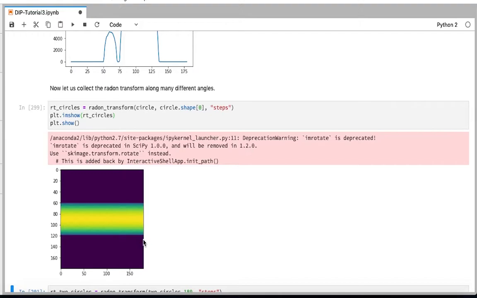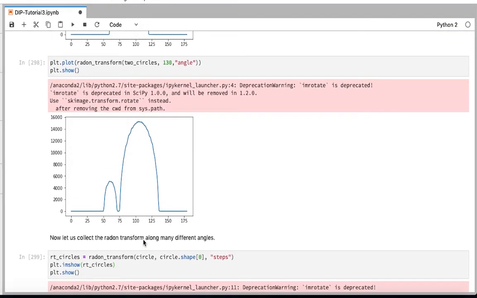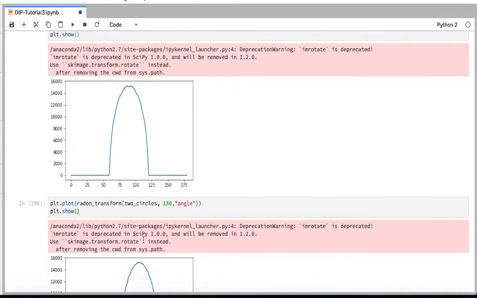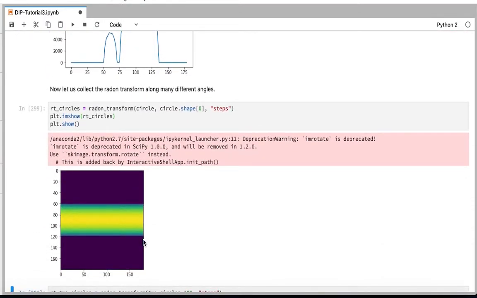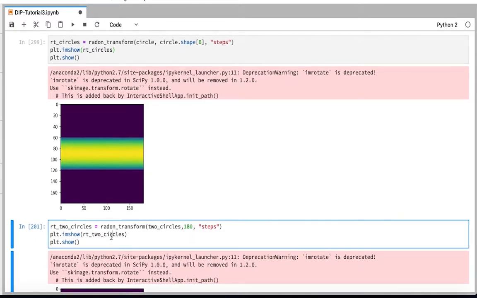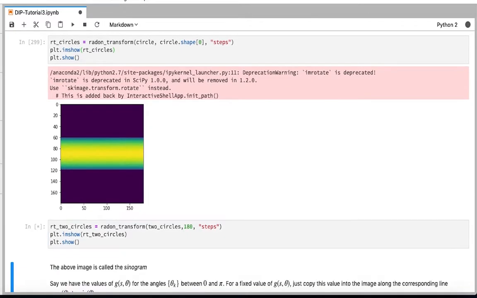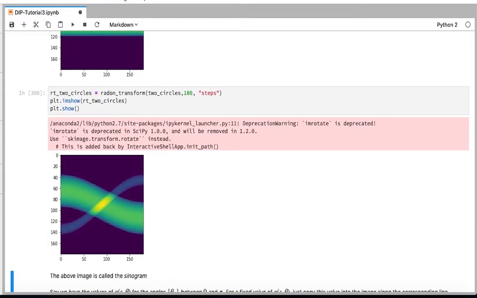We don't actually have what we're scanning; what we're actually receiving from the CT machine is this. At every angle, you're getting the projection, the absorption profile, and for the two circle case, it's like this. Initially when you measure from the bottom, you see the huge circle on one side and the smaller one on the other side.